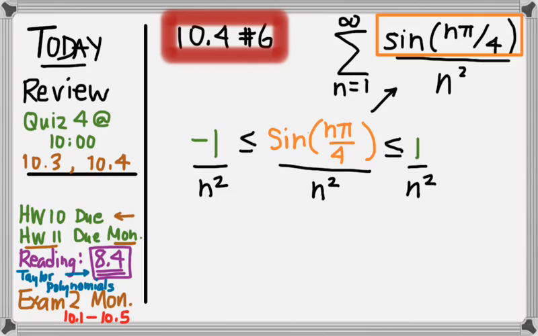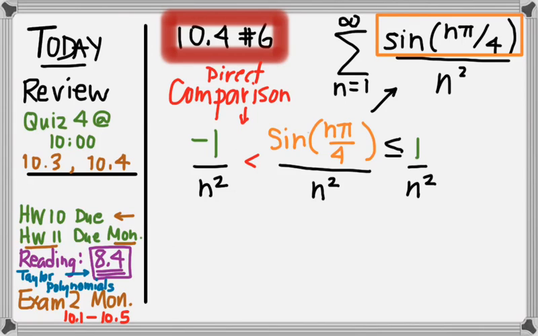But with this comparison in hand, now what can we do? Now, the purpose of a comparison is to relate our complicated series to simpler series which we can tell whether they converge or not. So all we have to do here is introduce our summation sign on all three sides of this inequality.